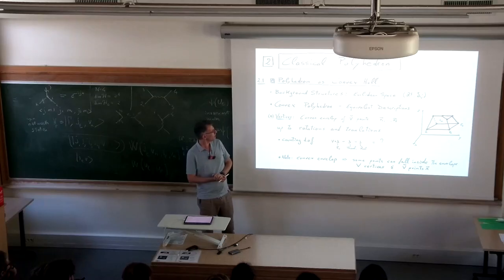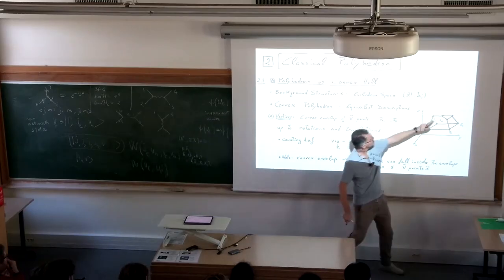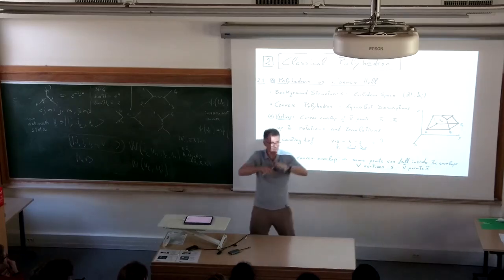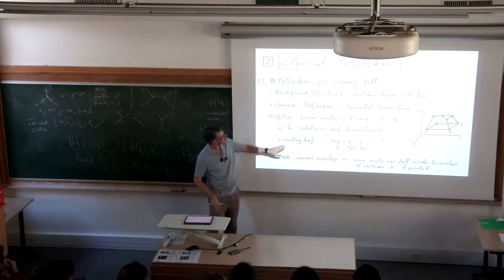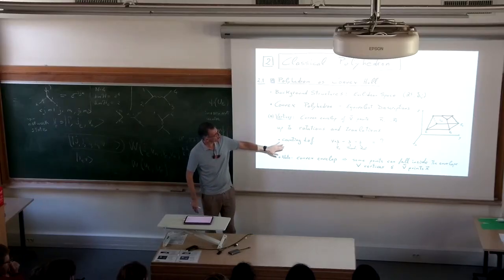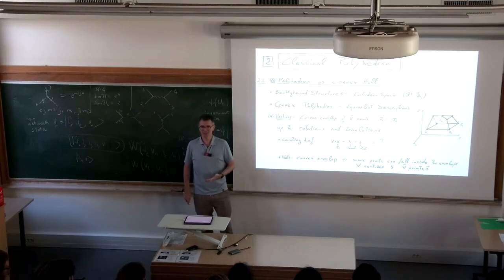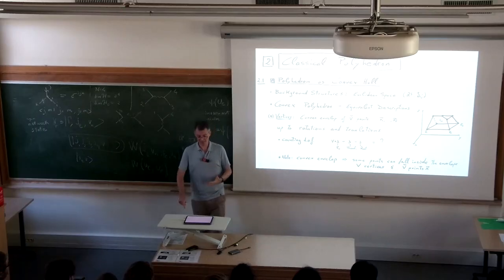If you ask how many degrees of freedom there are, it's not immediate to count, because suppose that one of these vertices, I move it and it goes inside, then it disappears, because the convex hull doesn't count it. So this description is not so helpful for counting degrees of freedom, and, as I was already hinting, the description that really helps is to go to areas.